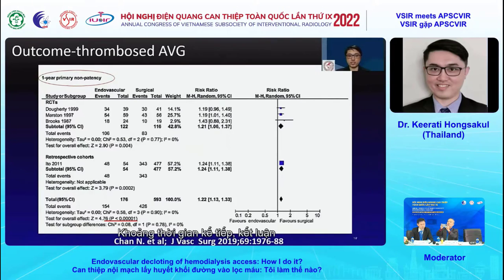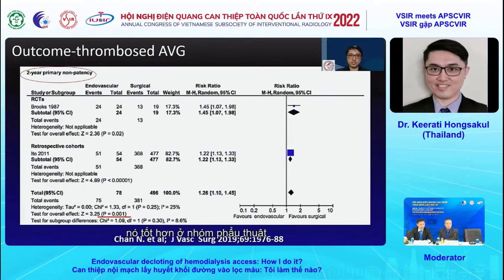So the meta-analysis concluded that the 1 year primary patency is quite a bit better in the surgical thrombectomy group. Again, it's the same at 2 years. It is also quite a bit better in the surgical thrombectomy group than the endovascular group.